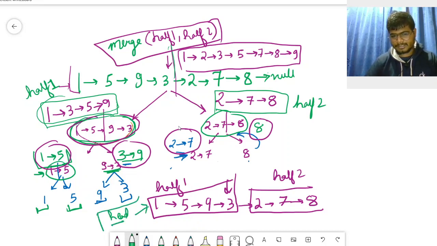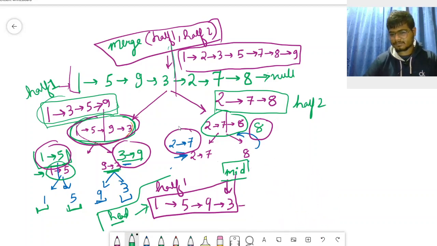So from here to the mid, till mid, that means mid's next. Now see, mid's next is pointing to 2. So if I make mid's next null, this part will disappear, right? And this is my motive to make the first half.